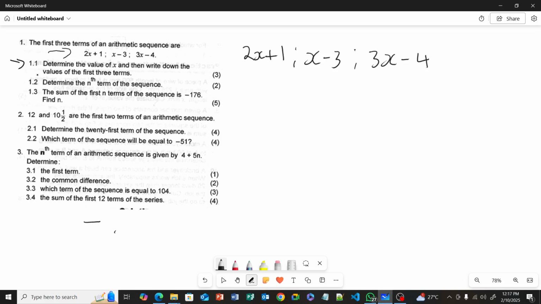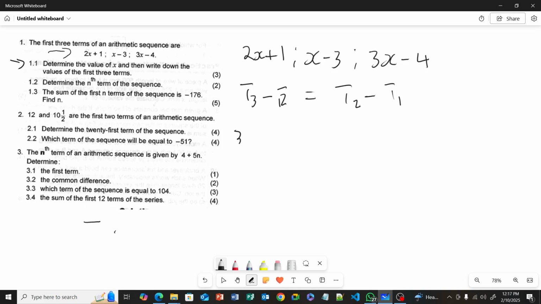Okay, what do we know is that if we take the difference of the terms, like for example, if you take T3 minus T2, it must be the same as T2 minus T1. Okay, now let us put it in practical terms.